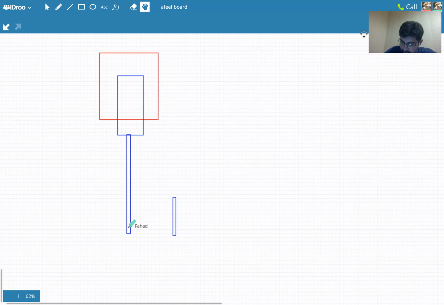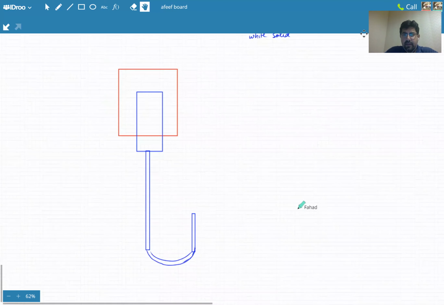I'm just trying to draw a rough diagram. So this is kind of the diagram, right? And this one is a porous pot.